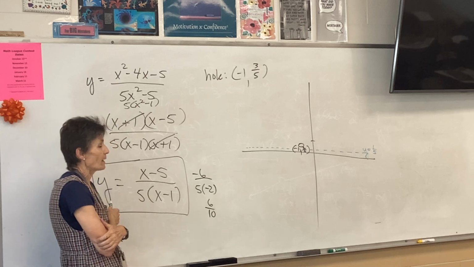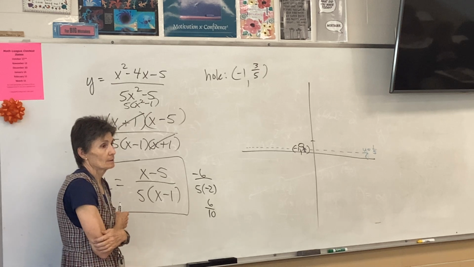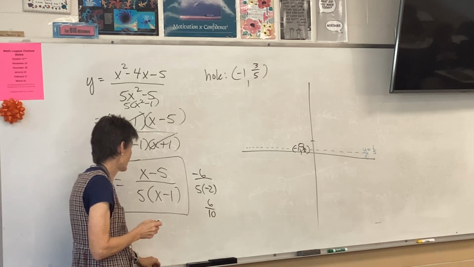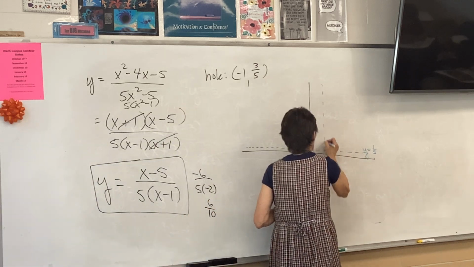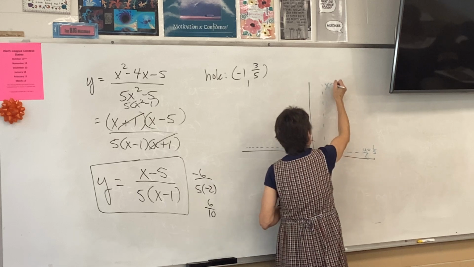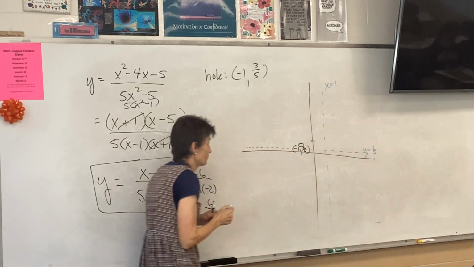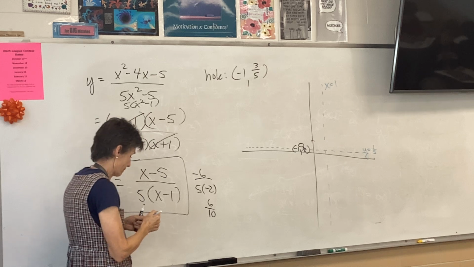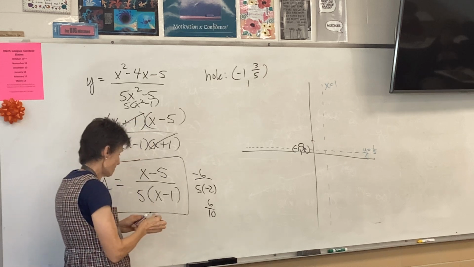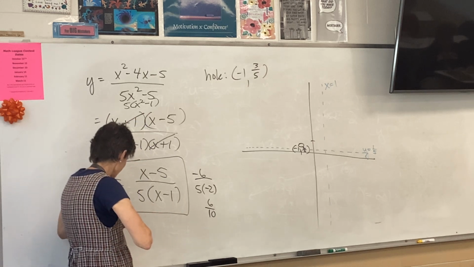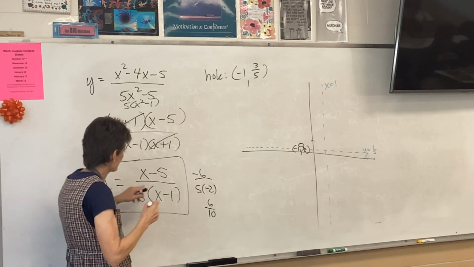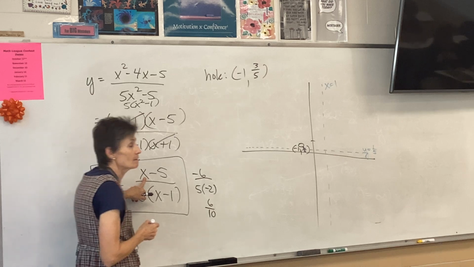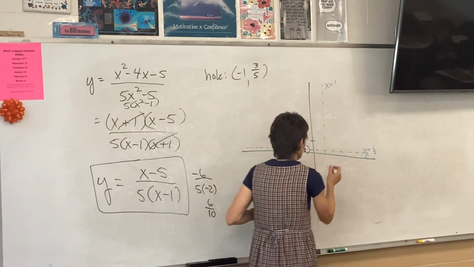All right, what else do I have? A vertical, where? 1. Okay. What else? X-intercept will be at 5.